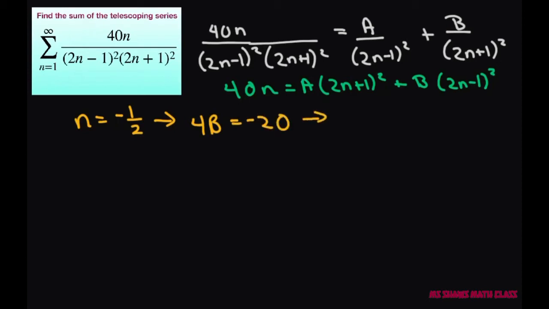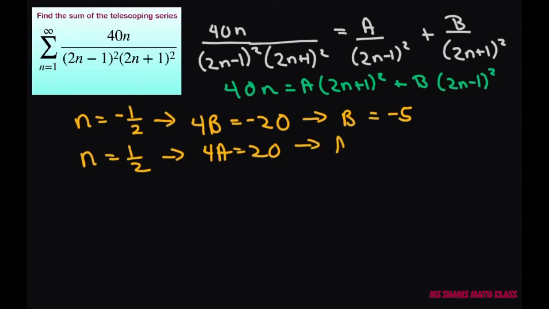Therefore, B equals negative 5. And if we let n equal 1/2, we get 4A equals 20, therefore A equals 5.